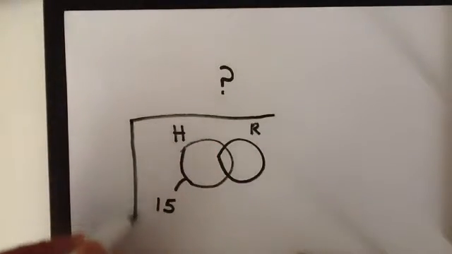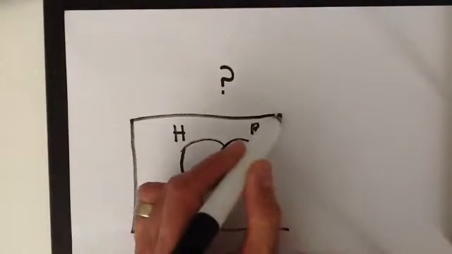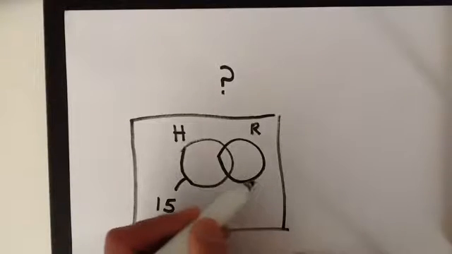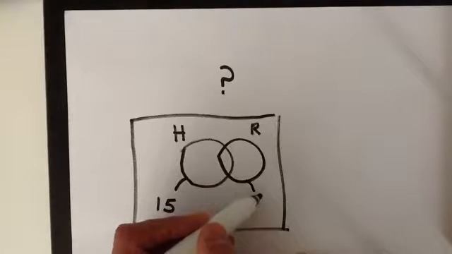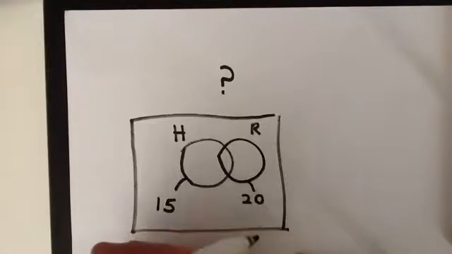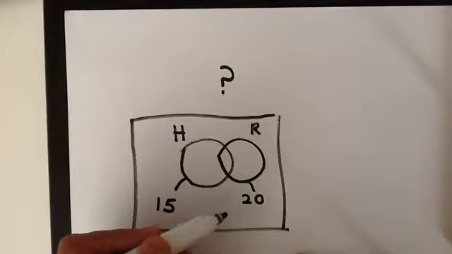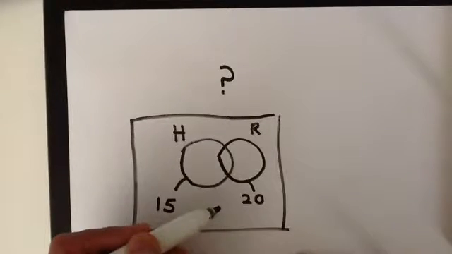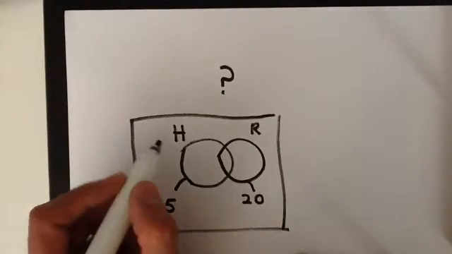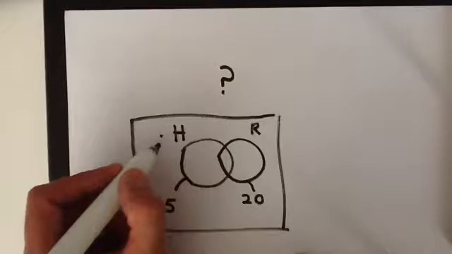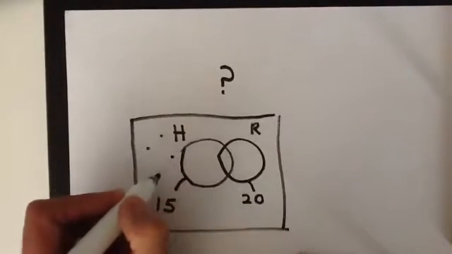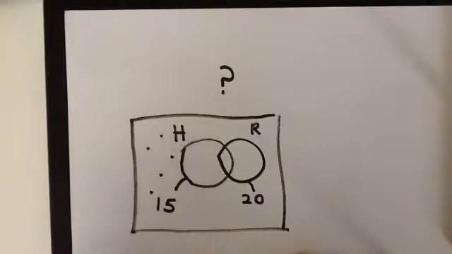Now if I draw a rectangle like this, I must put on my 20 for the rainy days, and then I also know there were 5 days where it wasn't hot or rainy or both, so I need to have my 5 days out here somewhere.